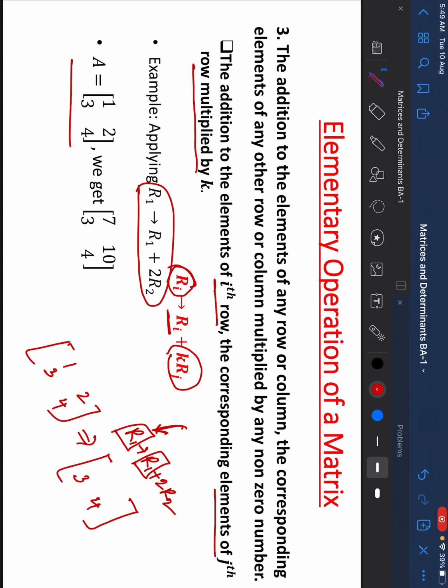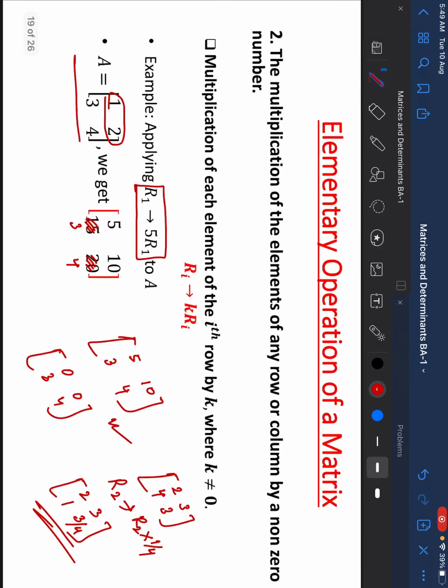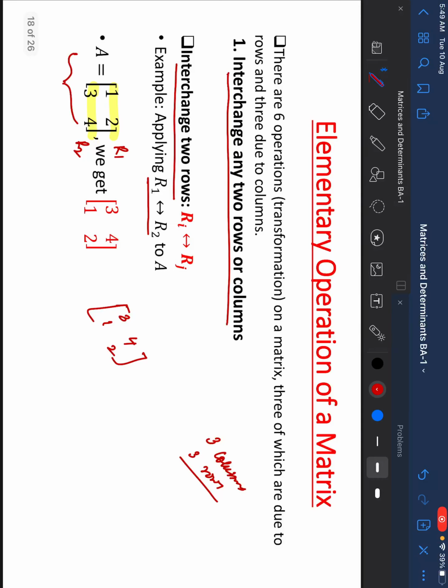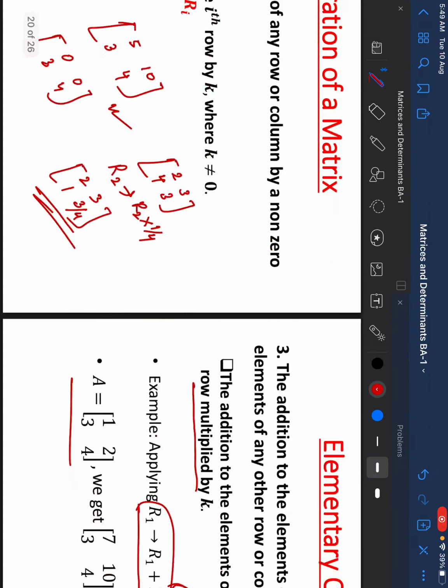Even here, look at R1 implies 5R1: we are changing the elements of R1, but not doing anything with R2. That's why R2 elements remain fixed. But when we are interchanging R1 and R2, both of them will change.